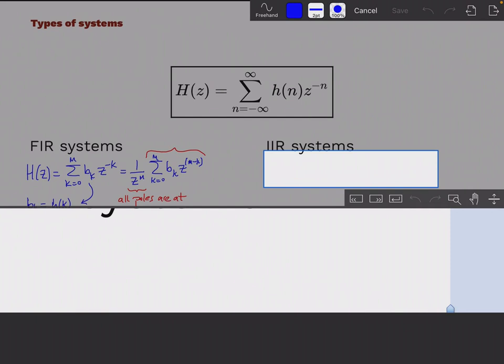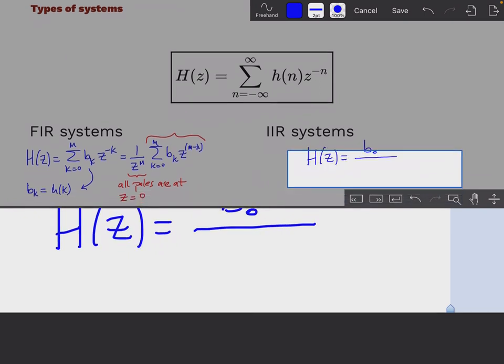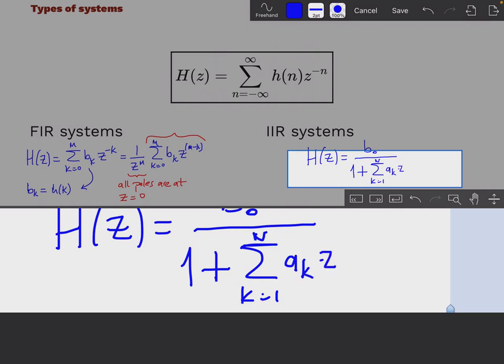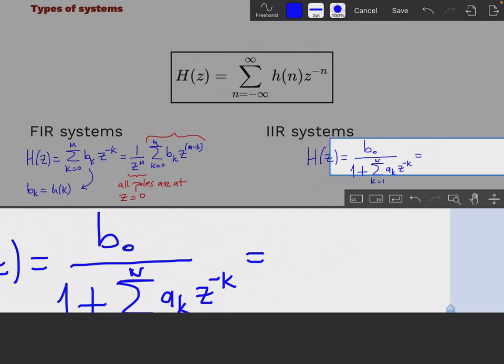So we can write the Z transform H of z, the transfer function of our system, as, again, this is just one example, so you may have many different types of IIR transfer functions, but let's write it down as this, with the sum over k from 1 to n, so let's say an nth order denominator polynomial, a sub k z to the power minus k, and let's divide both the numerator and the denominator by z to the power minus n, so that we have b0 z to the power n.